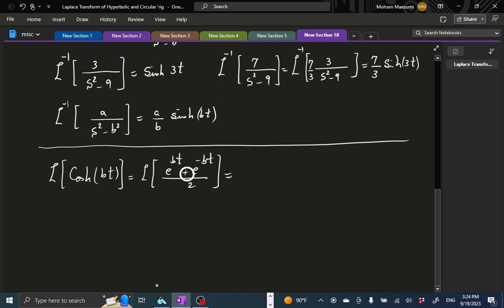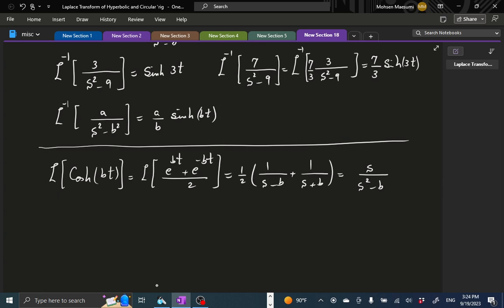The only difference from the previous arrangement was that that was a minus and this is a plus. So I'll have 1/2 of 1 over s minus b for the first one, plus 1 over s plus b for the second one. When we simplify the sum, I get 2 s's divided by 2, and that becomes s. And multiplying the denominators, it becomes s squared minus b squared.